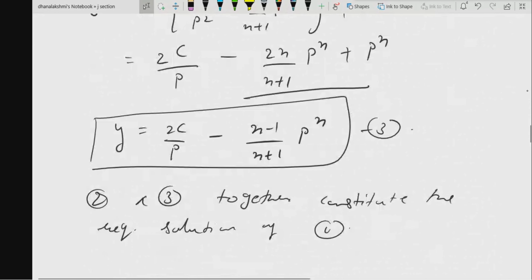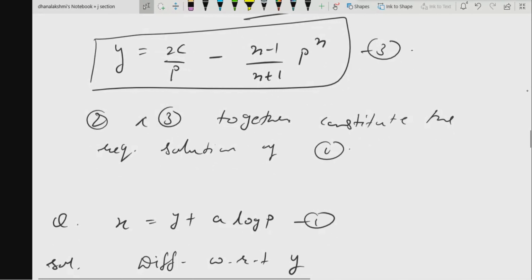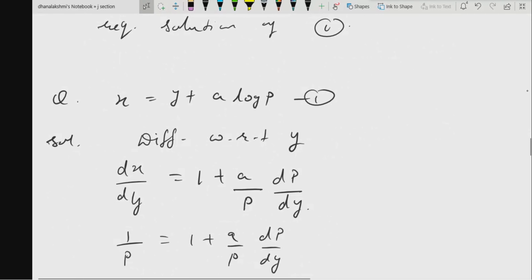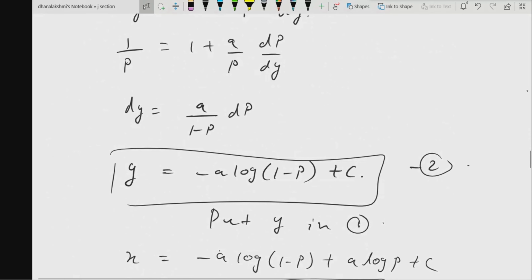That is also a solution. Here we have not eliminated p but directly written that these two equations constitute the solution. You can do it that way also. Still that is correct. Understood, all of you? Yes, ma'am. But the question should be in that form only: y is equal to px plus some function in terms of p.